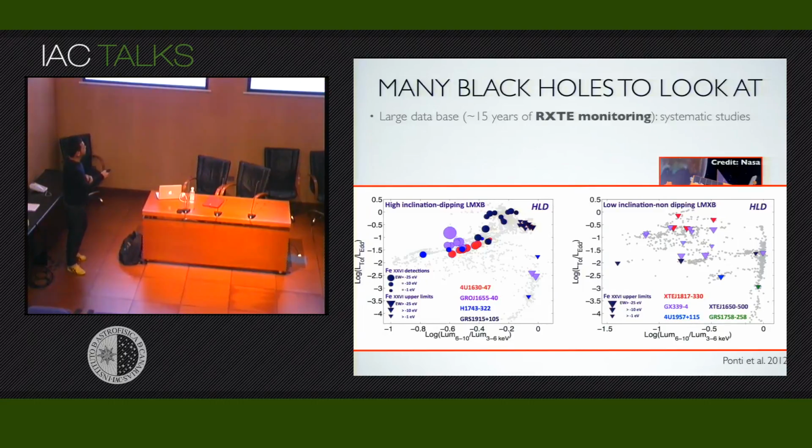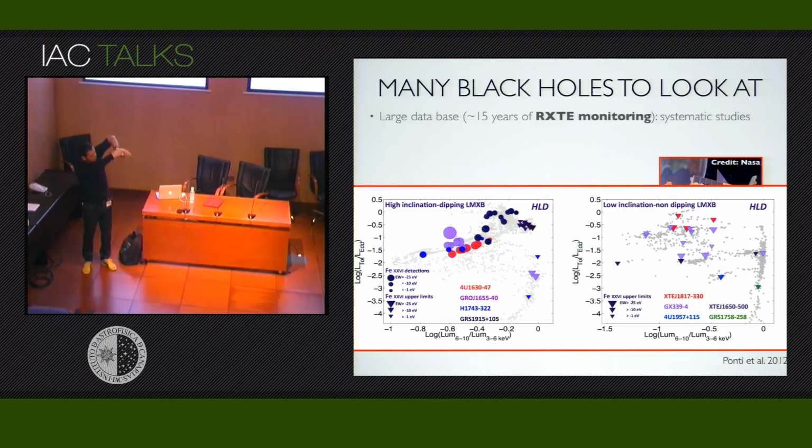And one nice thing to do is, for instance, compare the behavior of high inclination sources, so sources that are seen edge on, so this is the orbital plane, this is the disk, and this is the companion, with sources that are seen face on.